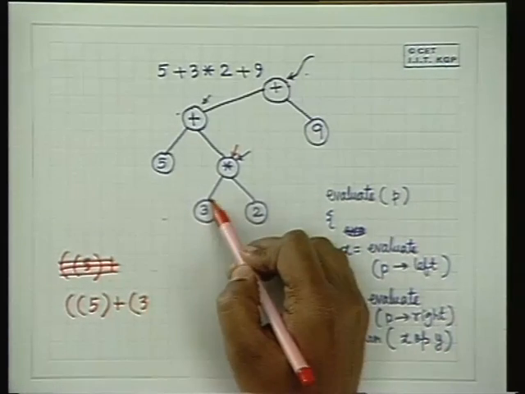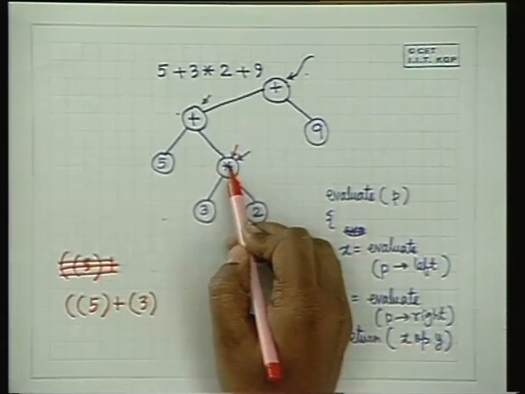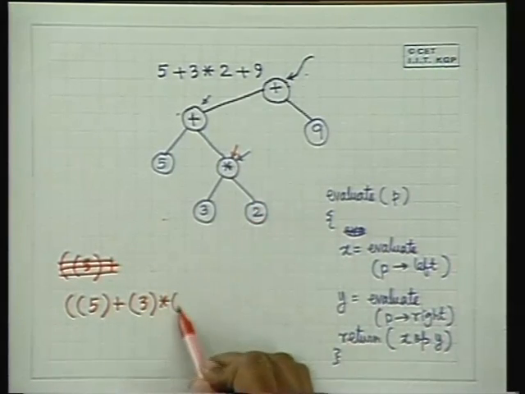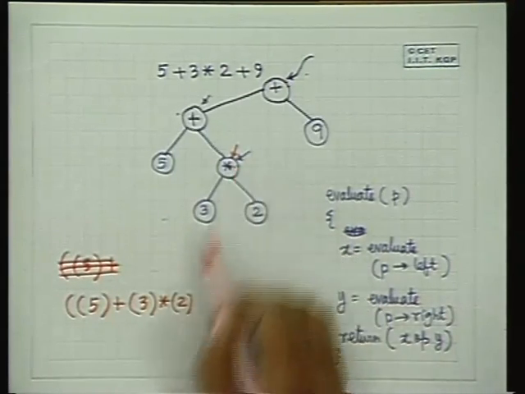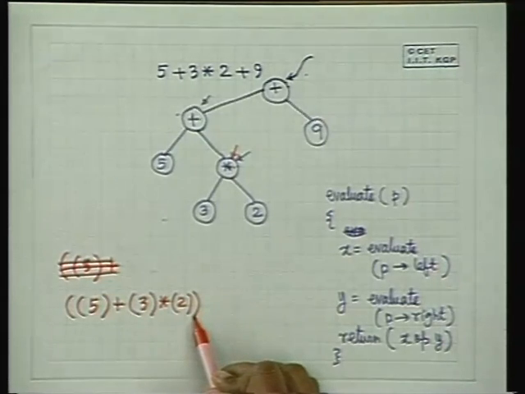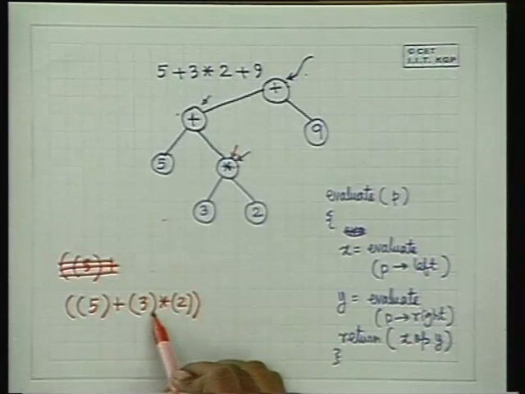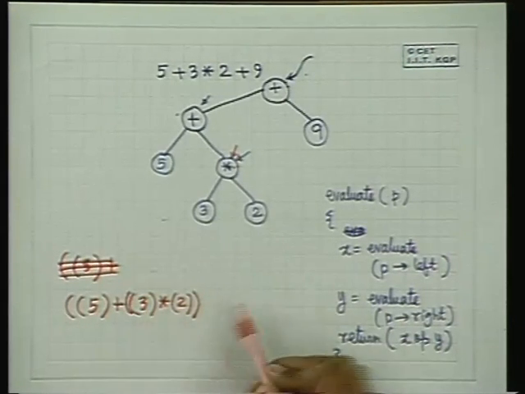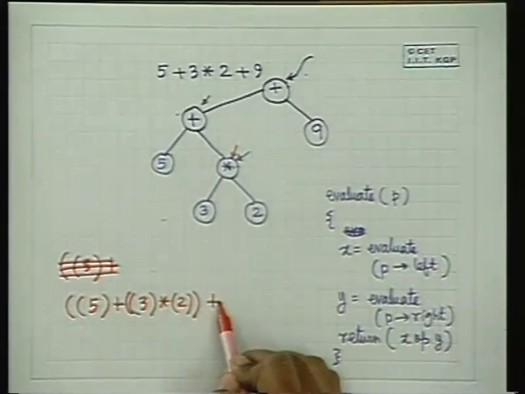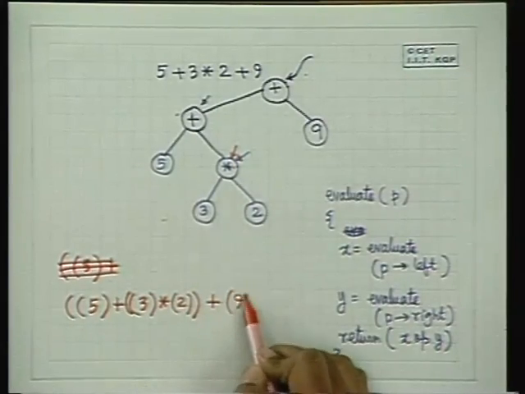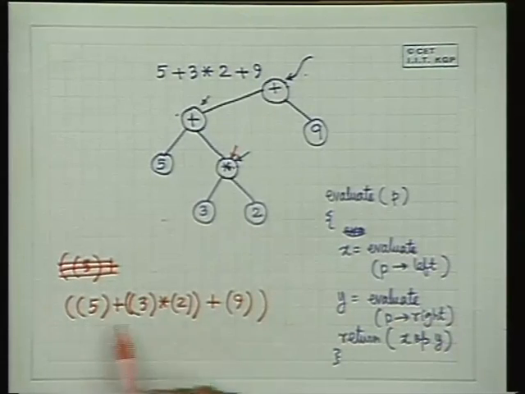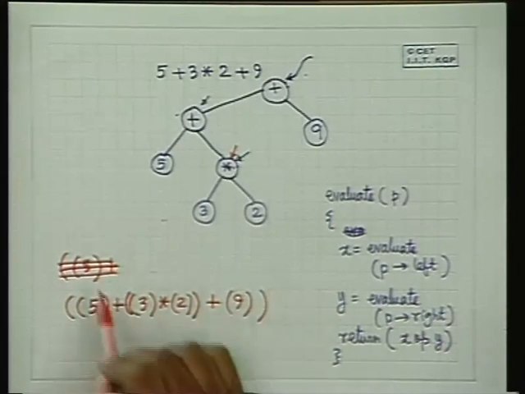Print 3, close it, come here, print this node, then come here, come back. When you finish, print a right bracket. I should have printed another bracket out here, I missed it out. Then come back, print this, come back, print this, come back, print this. You will get the normal in-order expression that we write in infix notation.